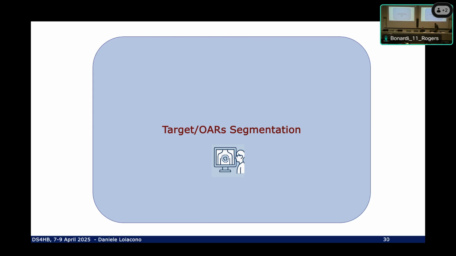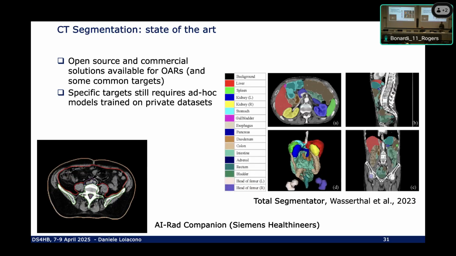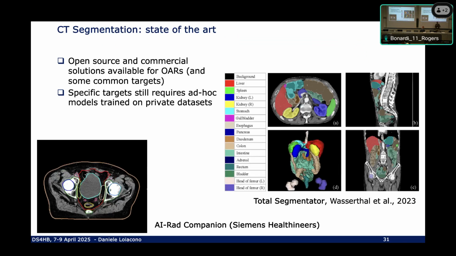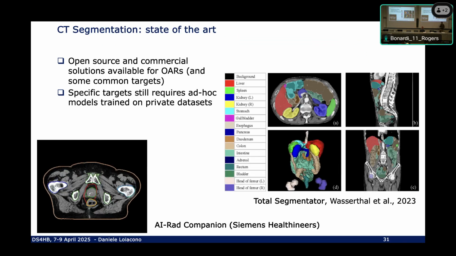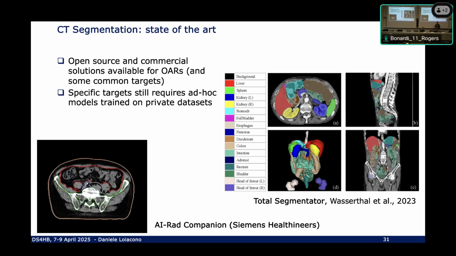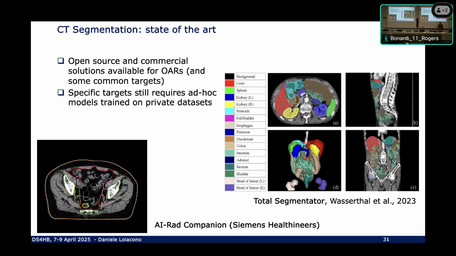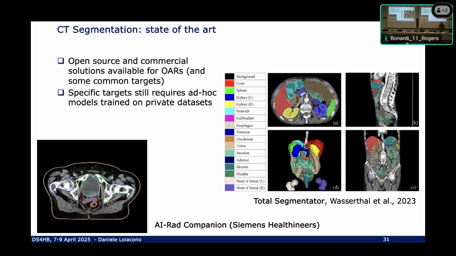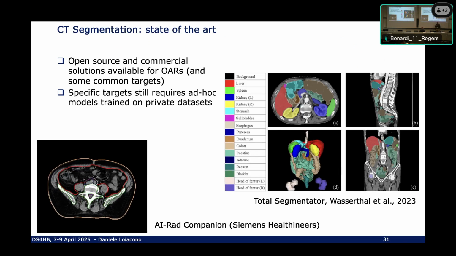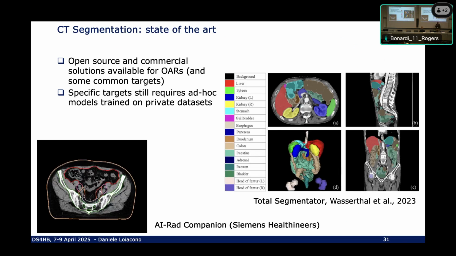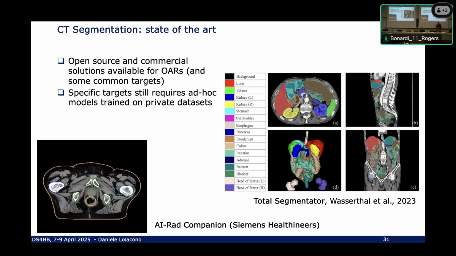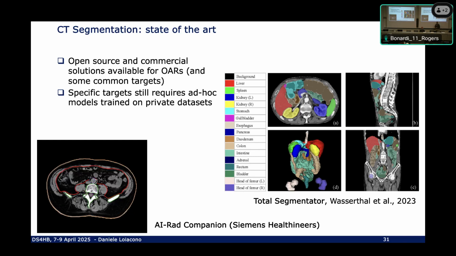This application is very popular, so there are already a lot of open source and commercial models that can effectively do an automated segmentation of organs at risk and of the most popular targets. On the other hand, if you have a very specific target, like for example in the case of TMLI, you need, of course, to still train your own model on your private data.